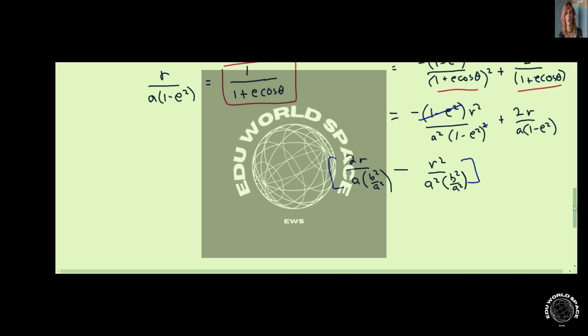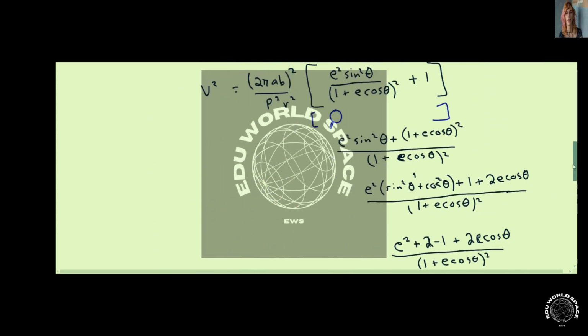Yeah, and we can further reduce that. There's a B squared in both denominators. Okay, so that is all in the parentheses that I started with.